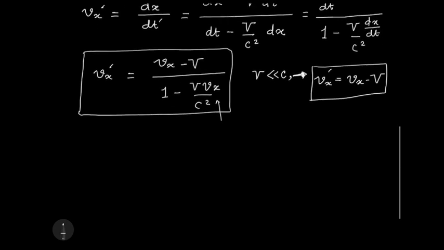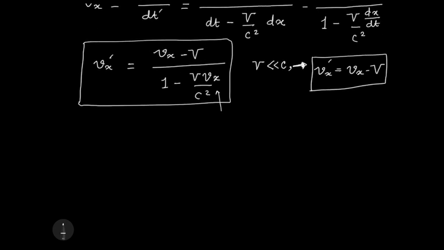Okay, so let us consider the case where I have a particle moving along this direction with a speed c by 2. In one reference frame, it's moving along this direction with a speed plus c by 2. And then I look at the particle from a reference frame which is moving at a speed c by 2.